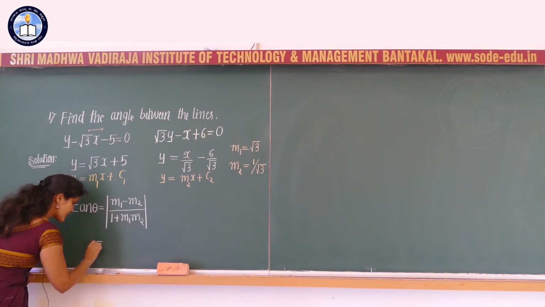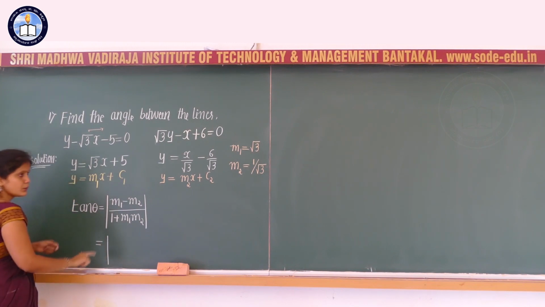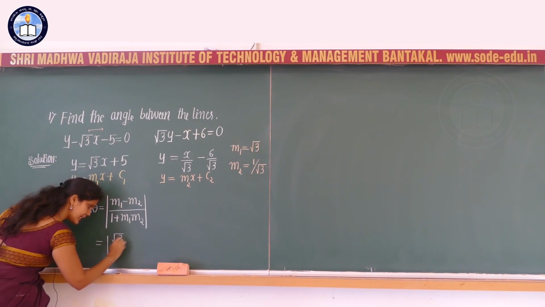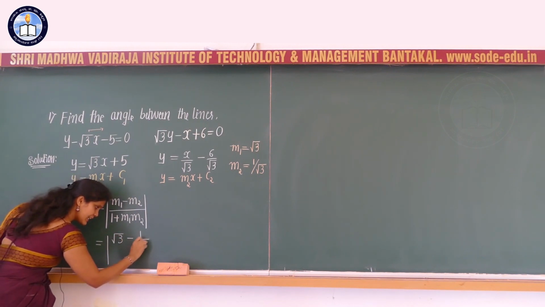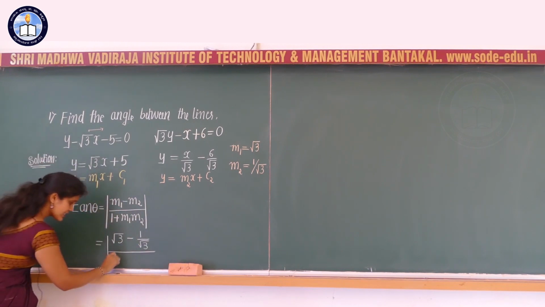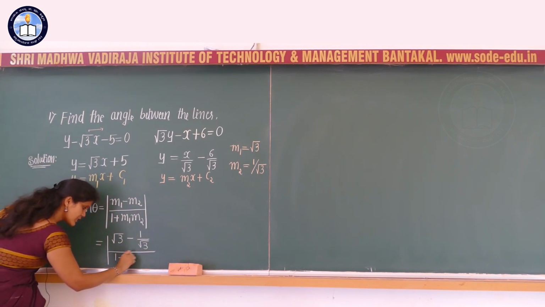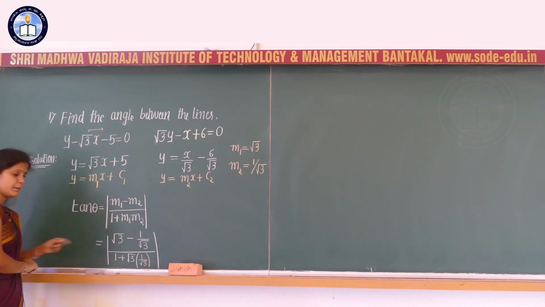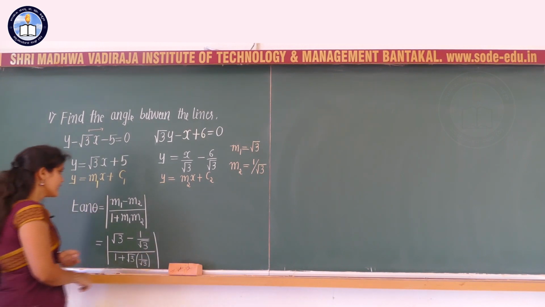Substitute here, which can be written as absolute value of m1 minus m2, that is root of 3 minus 1 divided by root 3, whole divided by 1 plus m1 into m2, that is root of 3 into m2, that is nothing but 1 divided by root of 3.